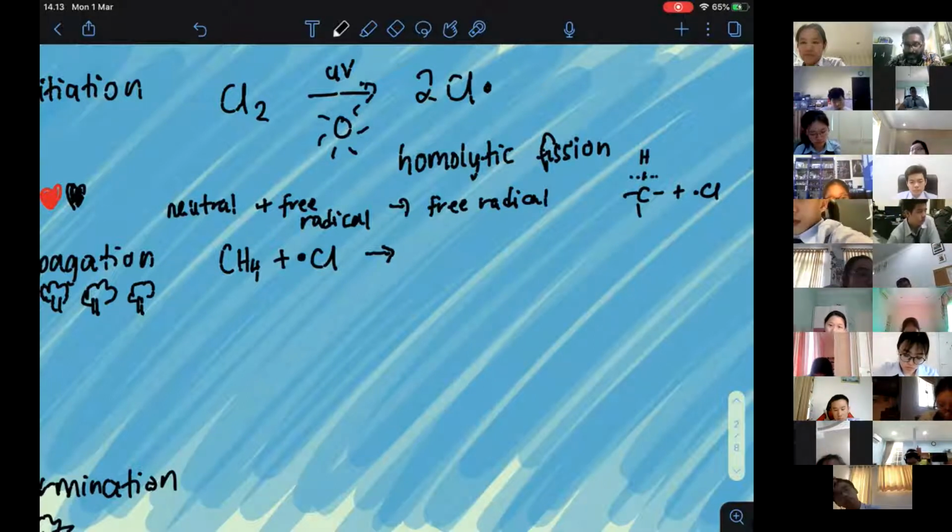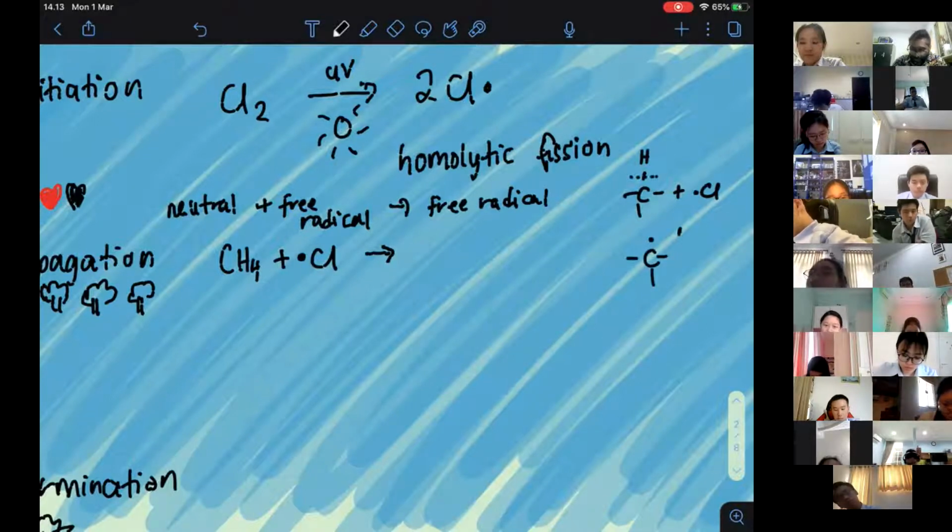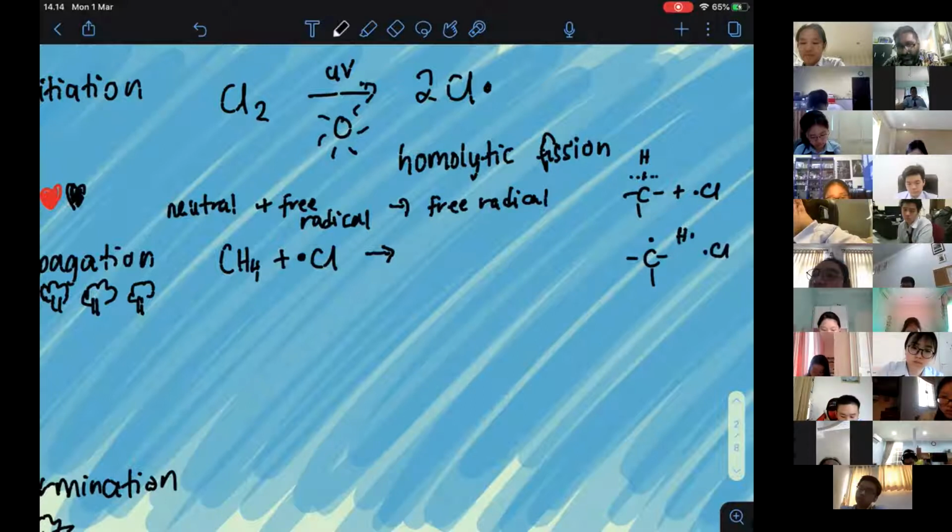So you are going to get CH3 dot, and you will have H dot, and you have Cl dot. H dot and Cl dot join together to give you HCl.